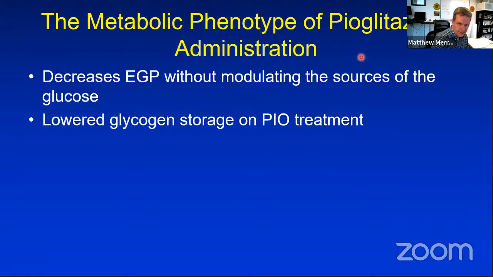So I'm going to stop at various points and just summarize things as we go along. Our decreases in endogenous glucose production come without modulating the sources of the glucose. Lower glycogen storage on PO treatment.